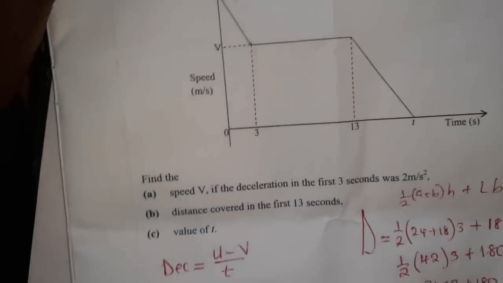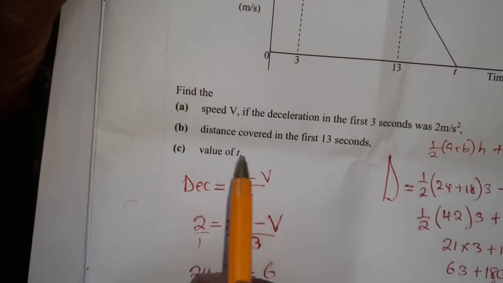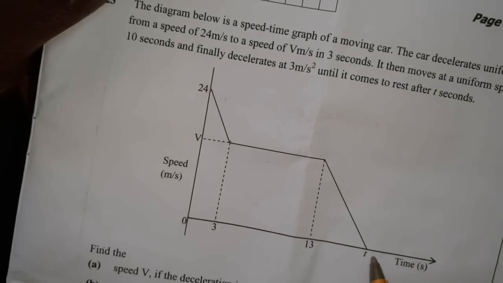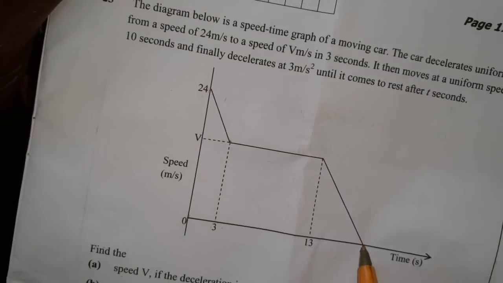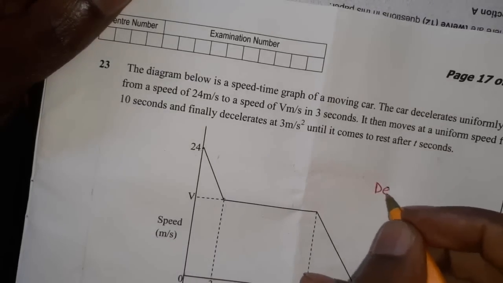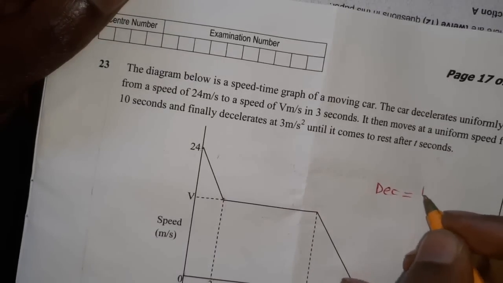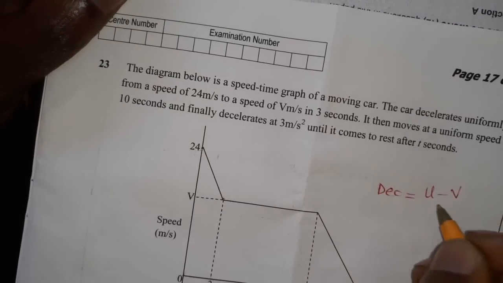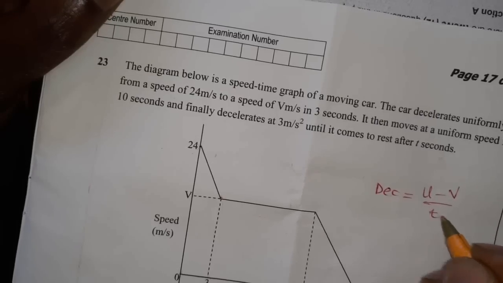Then now here what we are being asked is to find the value of t. So now here we know deceleration is given. Deceleration, we said it's initial velocity minus final velocity over time.